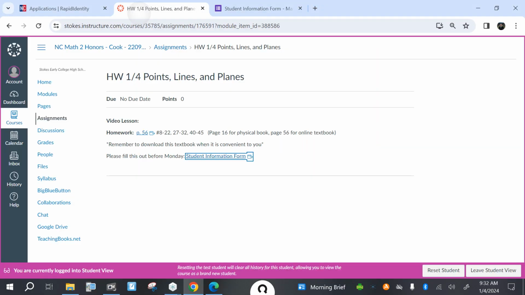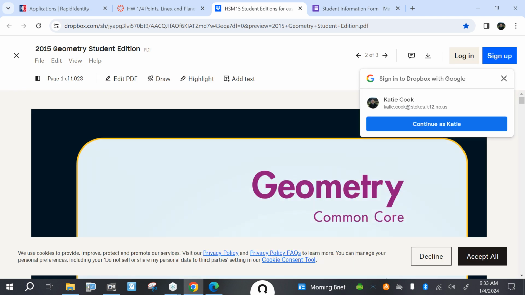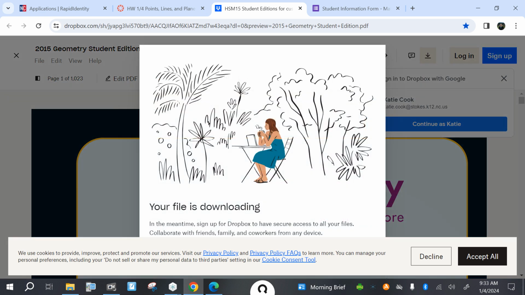So if we're back here in our homework section, if you click the page number, it will take you to the online textbook. What I highly recommend that you do today during your free period or tomorrow during your free period is download the textbook. Okay? So you want to make sure that you download this textbook to your Chromebook so that way you can use it offline.